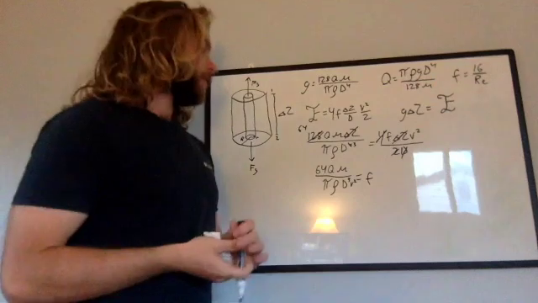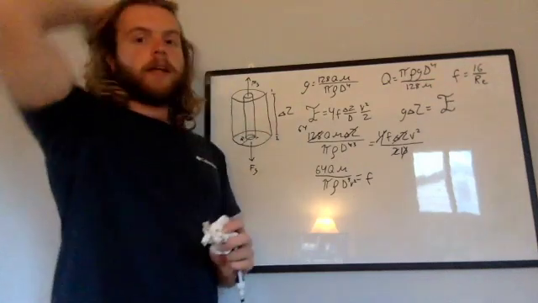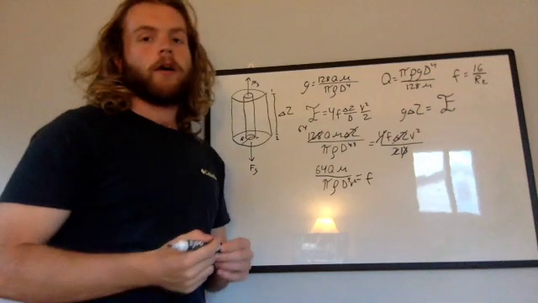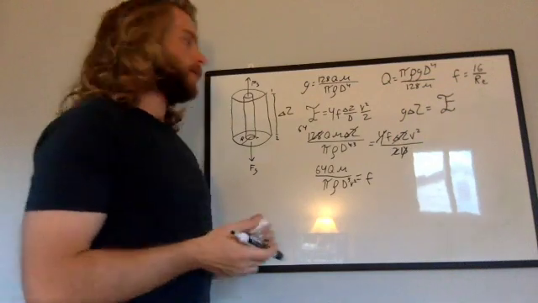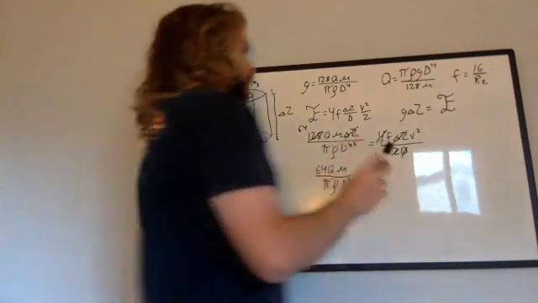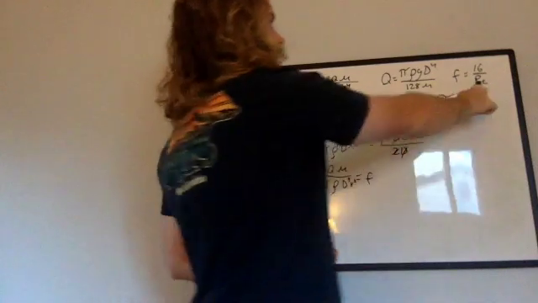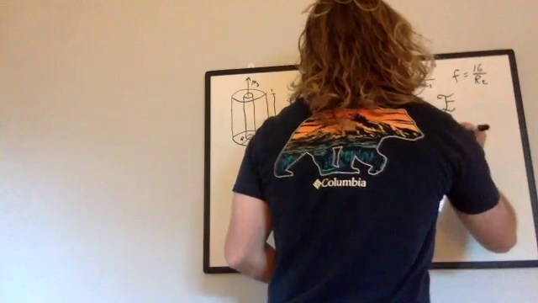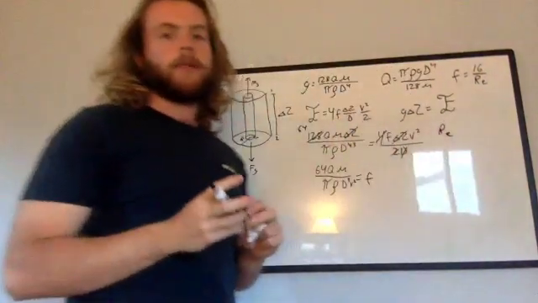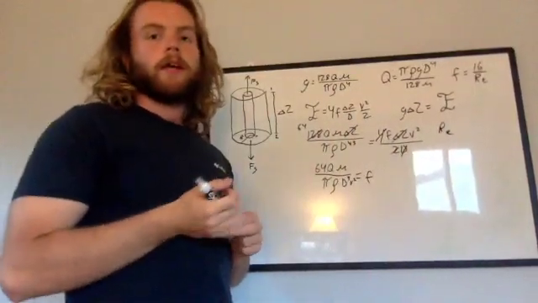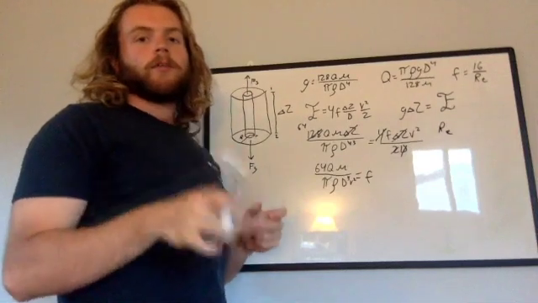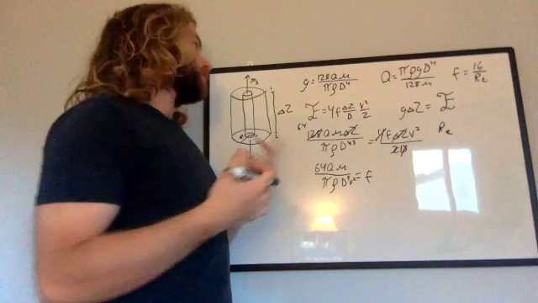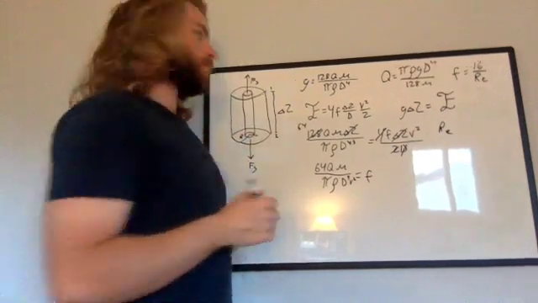All right, and the next thing that we can do is we're going to bring our flow equation back into this. First of all, let's talk about this Reynolds number up here. We know that this is going to be equal to the density of the fluid multiplied by the velocity multiplied by the diameter over mu.